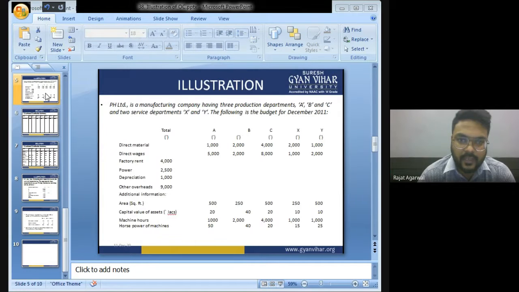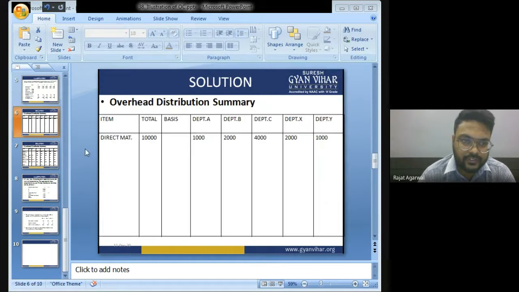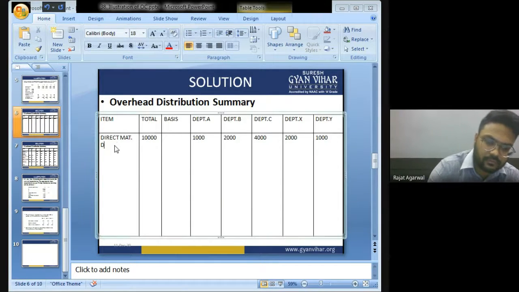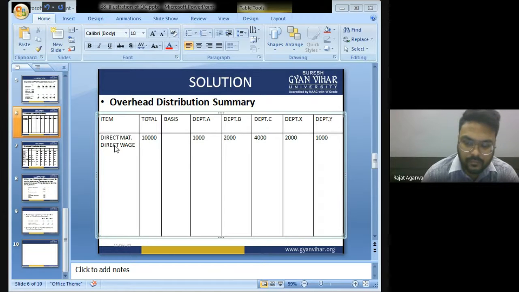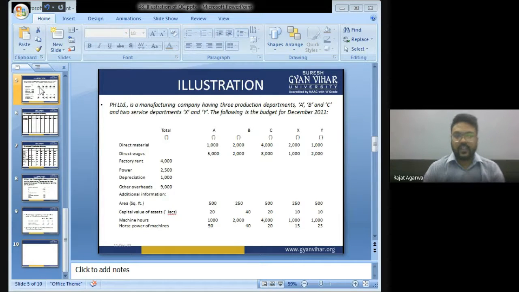After direct material, what is given? Direct wages. Now, what is the total of direct wages? Let's take out the total: 5,000 plus 2,000 plus 8,000 plus 1,000 plus 2,000. That is 18,000.